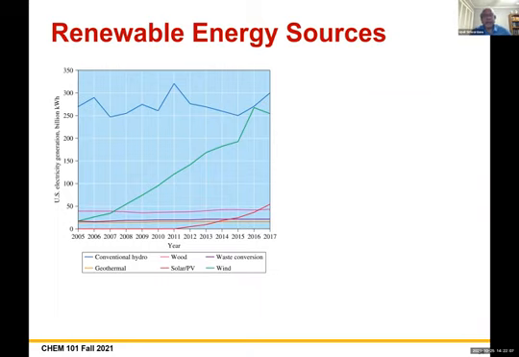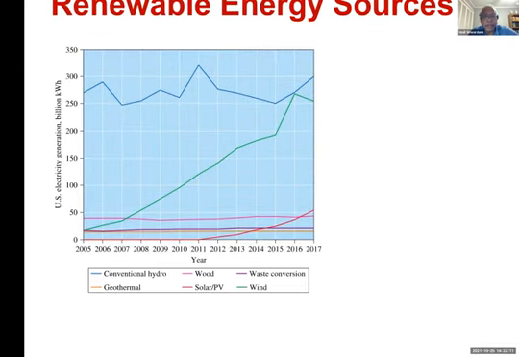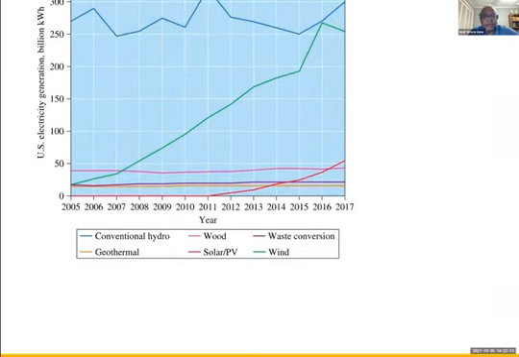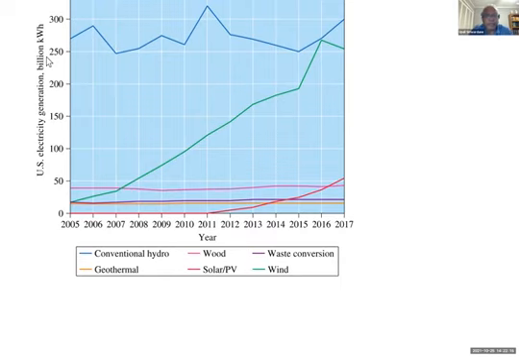So we're going to look into other alternative energy now. We talked about nuclear and solar. Other alternative energies are hydroelectric, geothermal energy, solar panels, waste conversion, and wind.